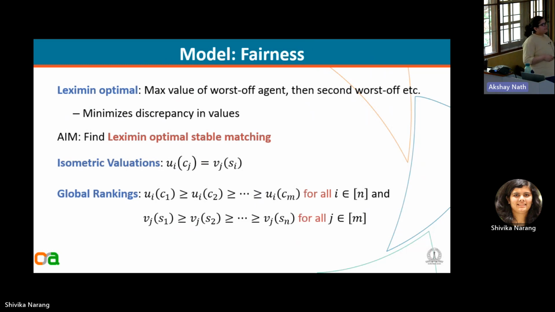And similarly, the colleges have the same rankings over the students, say based on the All India ranks. This is a very critical assumption that you need to make this problem tractable. And so is strict preferences. So for all these values, there should be no ties. So I clearly prefer, say, IISc to Shiv Nadar, versus someone being like, okay, they're equally good.